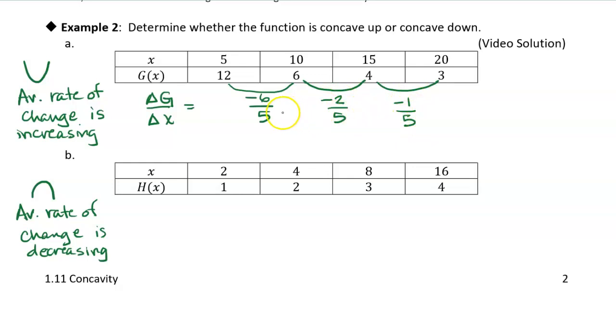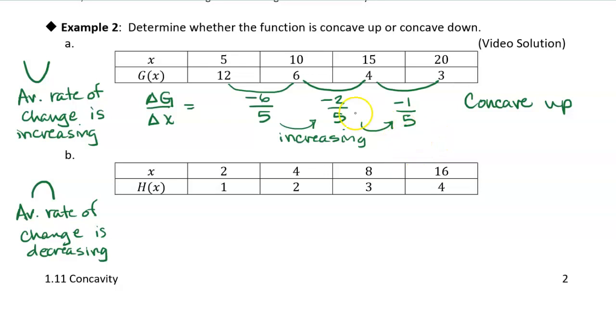So it looks like the average rate of change is increasing. These are increasing. So that means it's concave up. When the average rates of change are going up, then it's concave up.